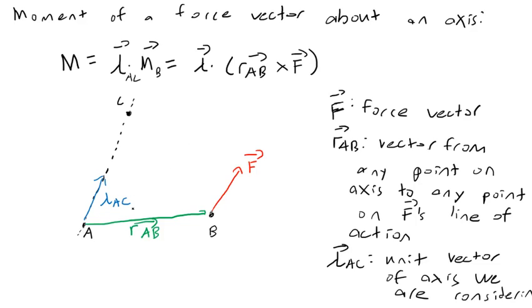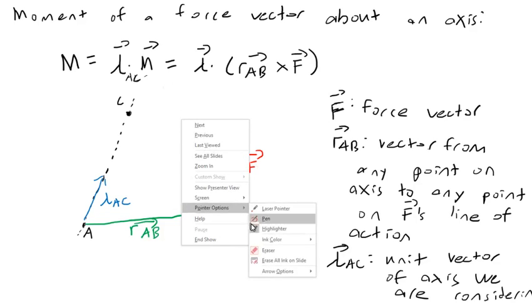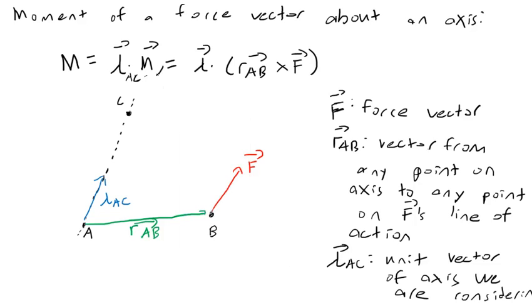But we don't want all of that vector. We only want the portion of that along lambda AC. So we're getting the entire moment vector here, and for consistency with what the book was using, let me call this moment A. All you really need to know is that it is lambda dot r cross F, where lambda is the unit vector of the axis we're taking it about.